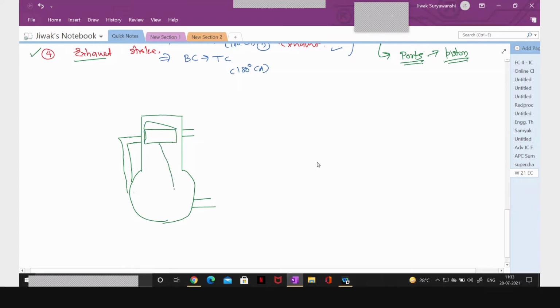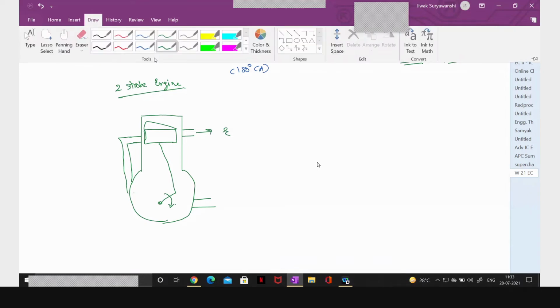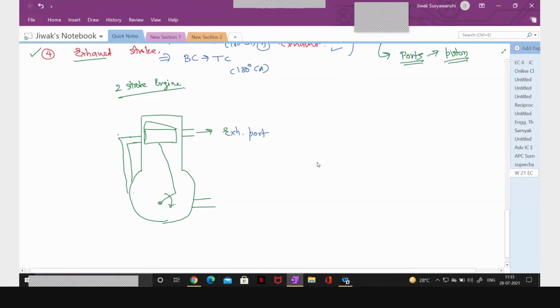Now this is a 2-stroke engine. So here, what we did: this is the exhaust port. This is the transfer port, and this is the intake port.